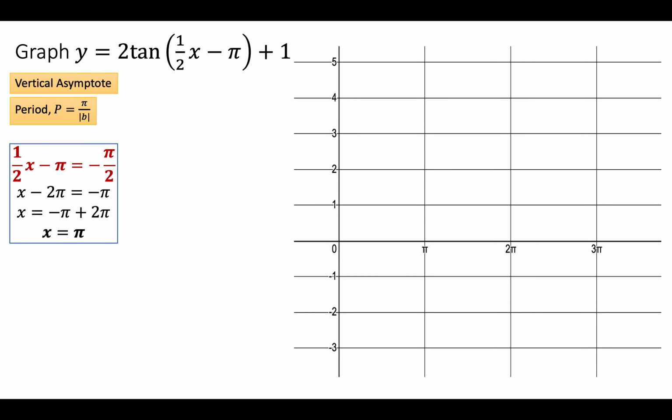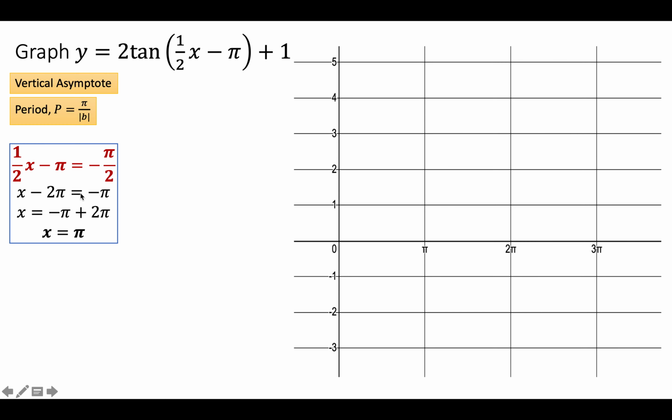Look at the equation. Their common denominator is 2, so you can multiply all the terms by 2. 1 half x times 2 is x, and 2 times pi is 2 pi, so we have x minus 2 pi.